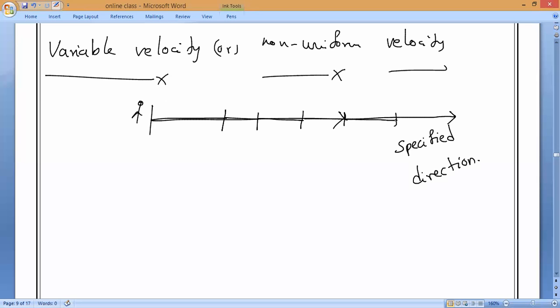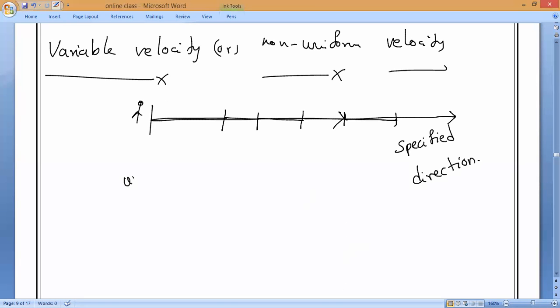Distance means displacement. Is it okay, Harish? Unequal displacements in equal intervals of time, or equal displacements in unequal intervals of time, we call variable velocity.